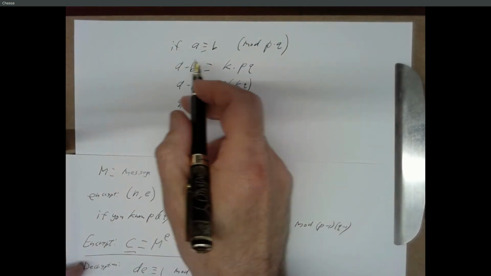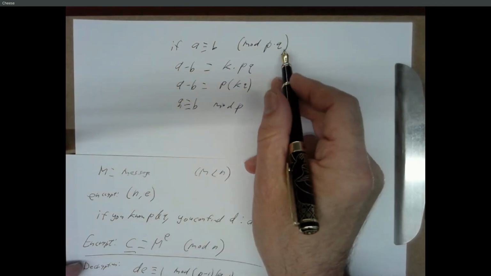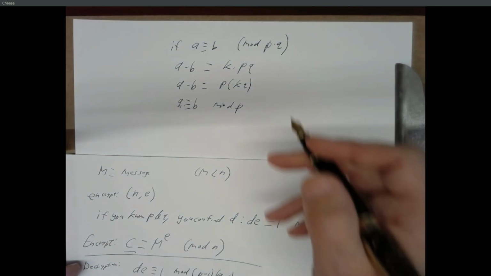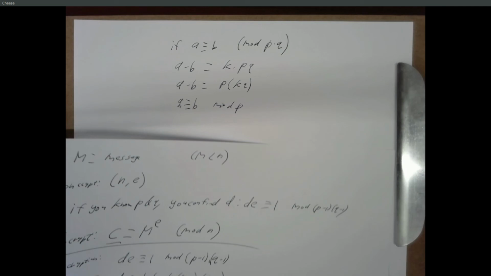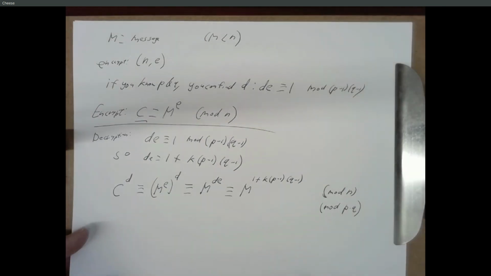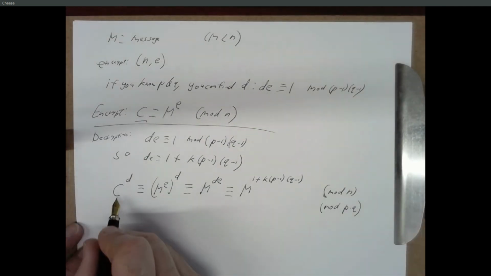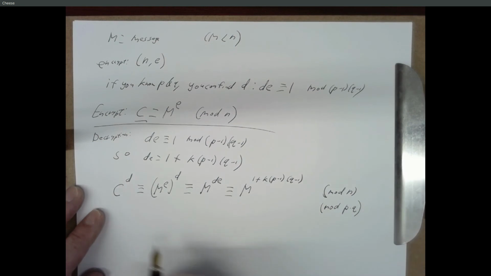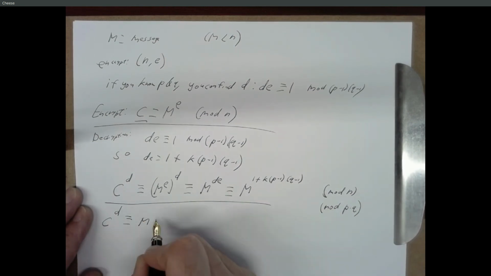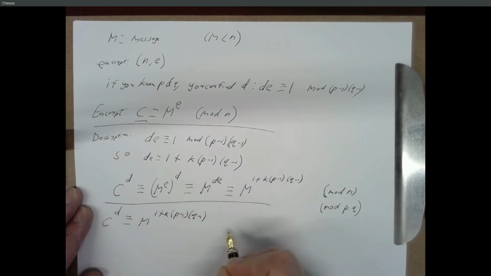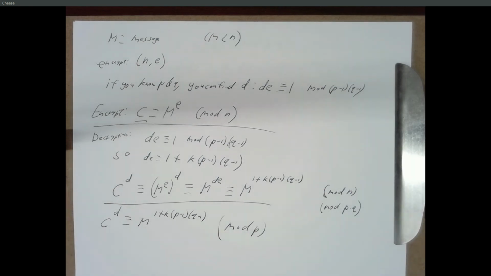So if two things are congruent modulo p times q, they're also congruent modulo p, and they're also congruent modulo q. That's just kind of a consequence of divisibility. So since C to the D is congruent to this modulo p times q, we know the following. C to the D is congruent to M to the 1 plus K times p minus 1 times q minus 1 modulo p, and also modulo q.